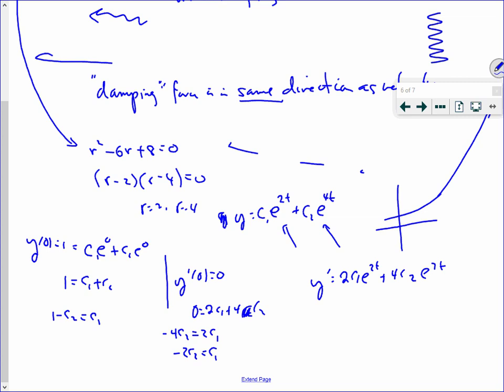Set these two things equal. 1 minus c2 equals minus 2c2. So we get that c2 is negative 1. And you get, I think, c1 is 2.